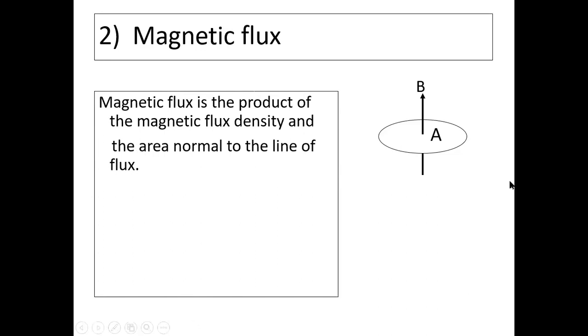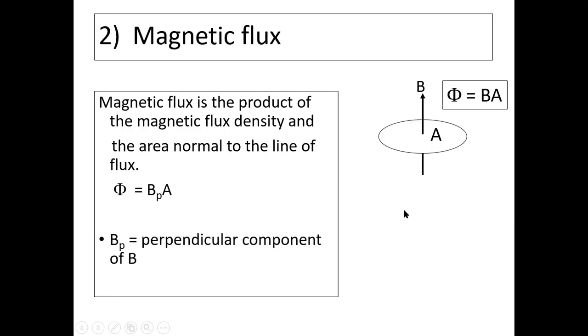So we want the magnetic flux density B and the area A, and we represent it with a new symbol, phi. B perpendicular is the perpendicular component of B. Wherever it's at an angle, we want B that's perpendicular to the area.